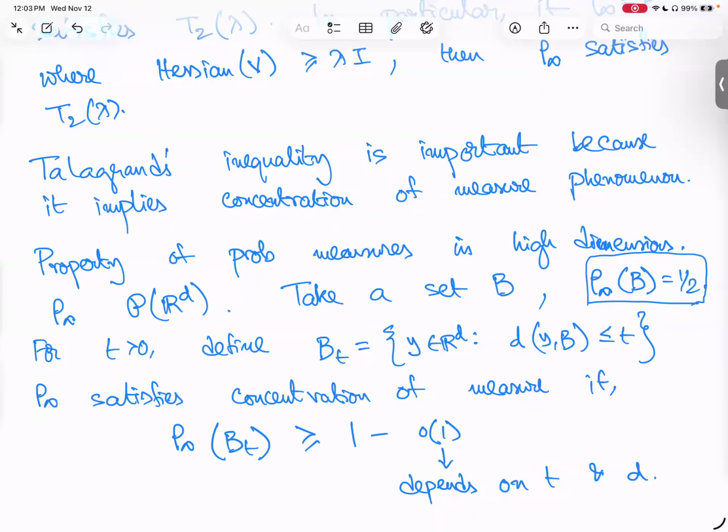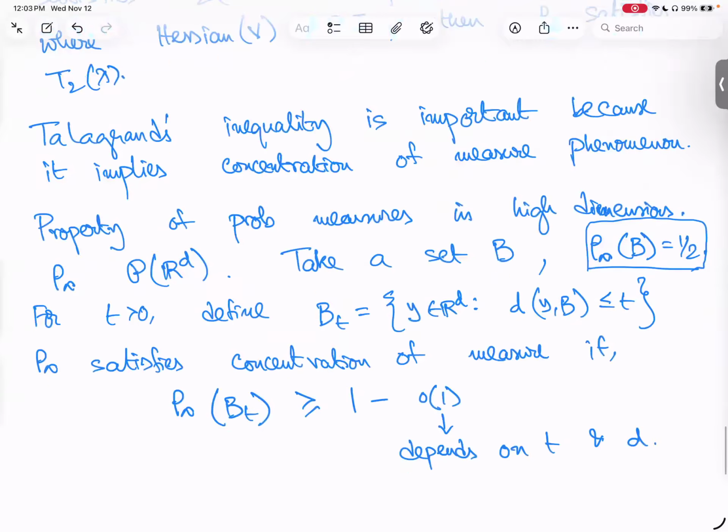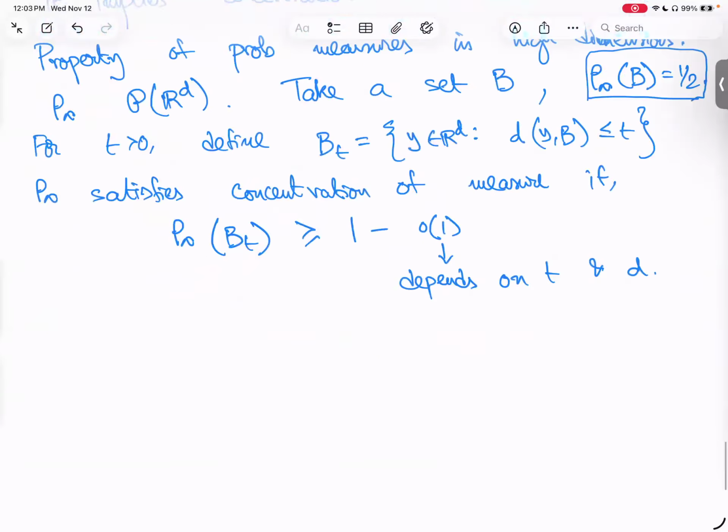All right. Okay. So the theorem is that if rho infinity satisfies T2 inequality with lambda, then it satisfies concentration of measure.